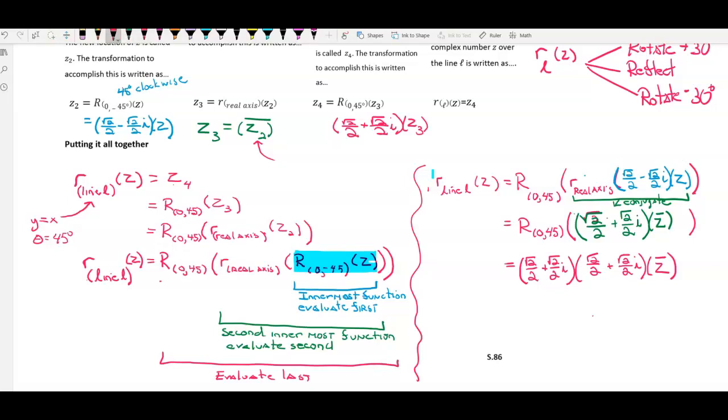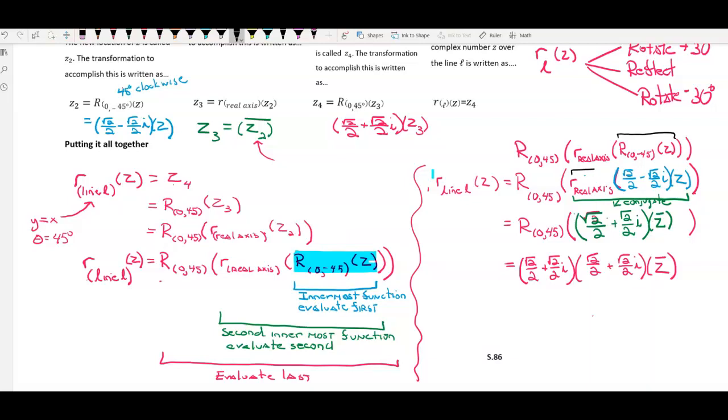Right above this, we had R origin 45, R real axis, then R origin negative 45, Z. This substitution is what I did first: I took this out and replaced it with the blue term.